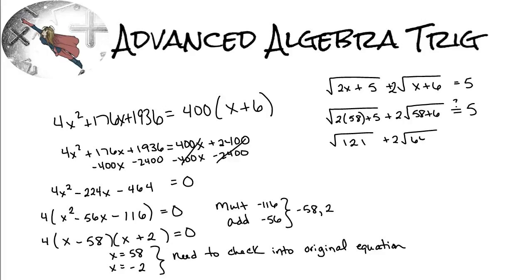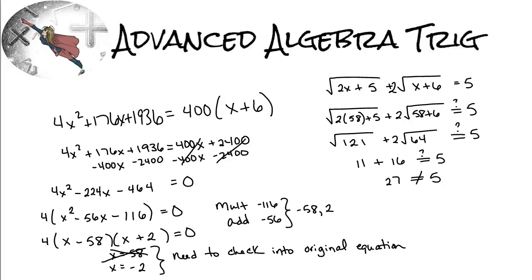This one is 64. So this is 11 plus 2 times 8, which is 16. Whoa, that's not looking good. Okay, so this adds up to 27, which does not equal 5. So 58, go back over here and just cross it off.